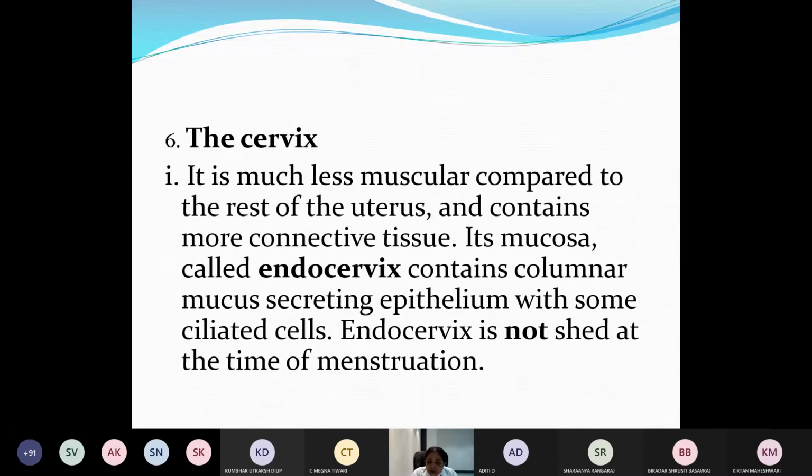Its mucosa, called endocervix, contains columnar mucus secreting epithelium with some ciliated cells. Endocervix is not shed at the time of menstruation.